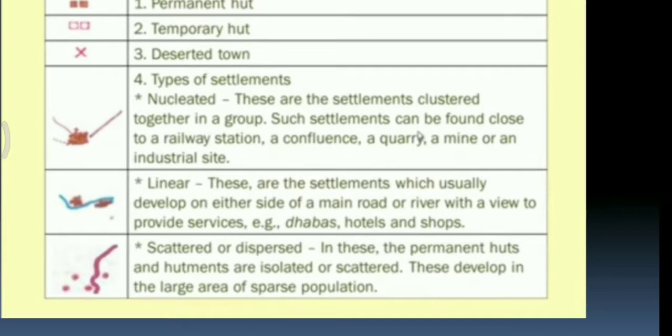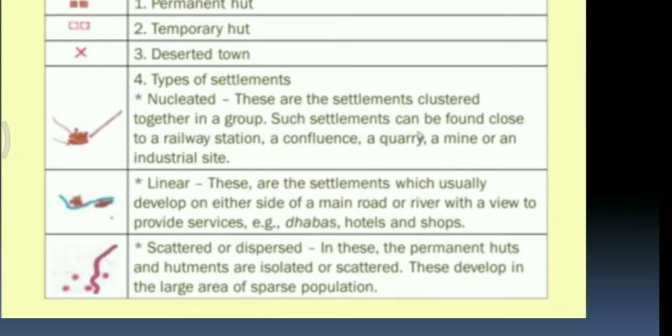Linear pattern. These are the settlements which usually develop on either side of the main road or river with a view to provide services, like a dhaba, hotel, or shop, which are examples of linear settlement.